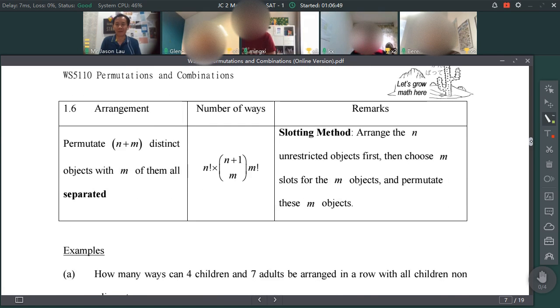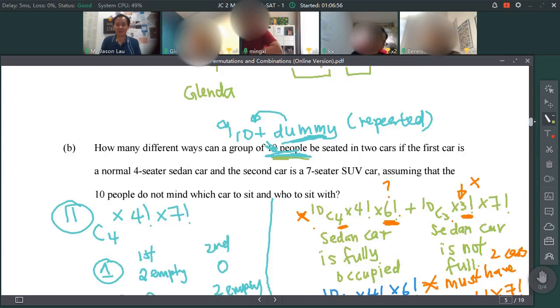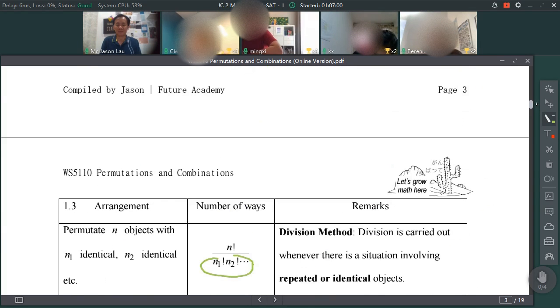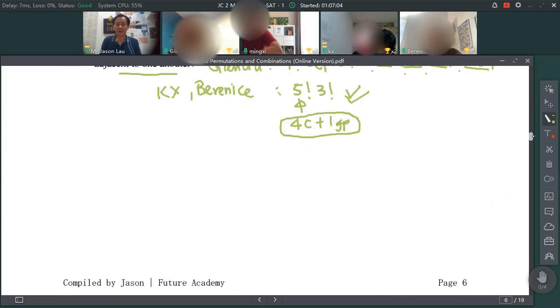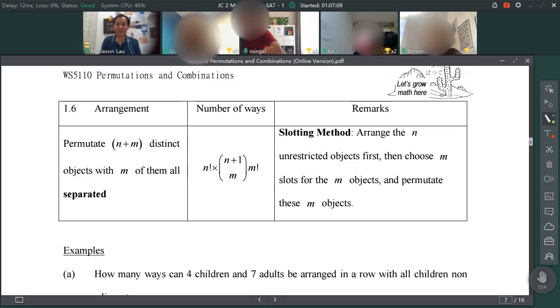That's the grouping method. So we have done some grouping methods, and identical types. Now we are looking at the slotting method. Slotting method is done in school, right?